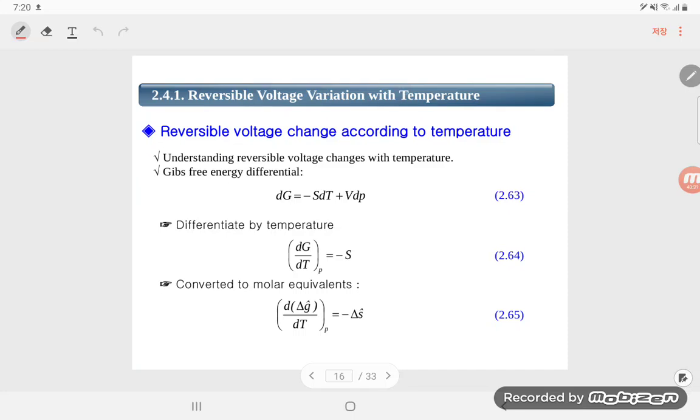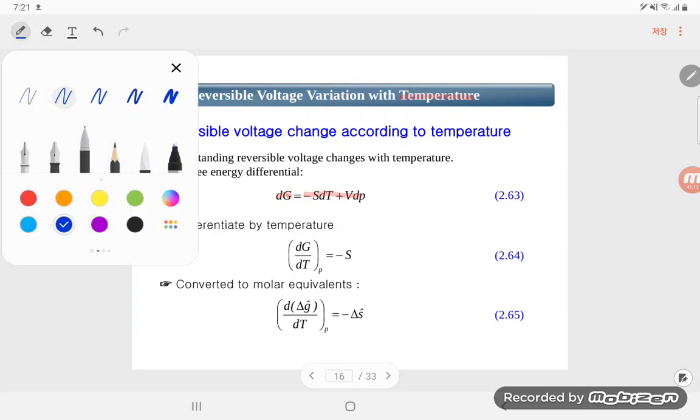Firstly, let's take a look at the effect of the temperature on the reversible voltage. To know that, we have to know about the expression of the Gibbs free energy, because the Gibbs free energy is related to the voltage, right? As we said, dG equals minus SdT plus VdP. And to know about the temperature dependence, we should fix the other effect as constant.